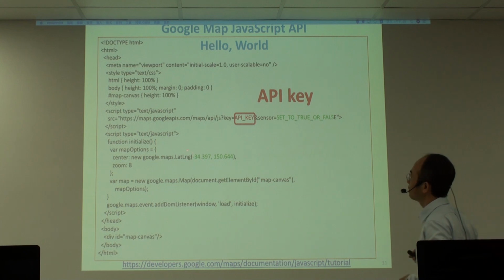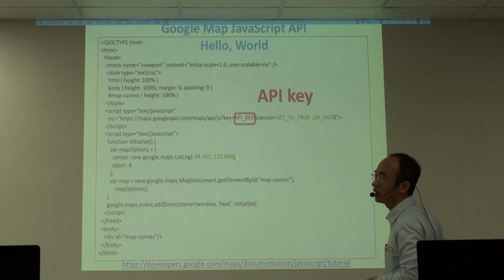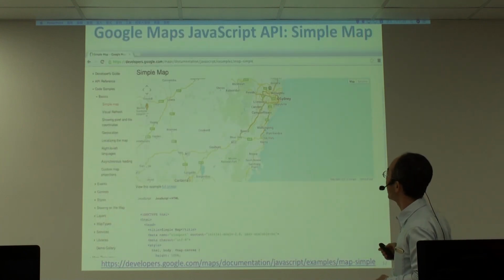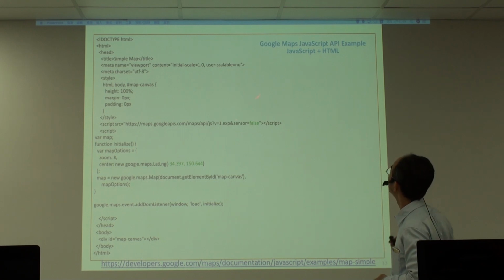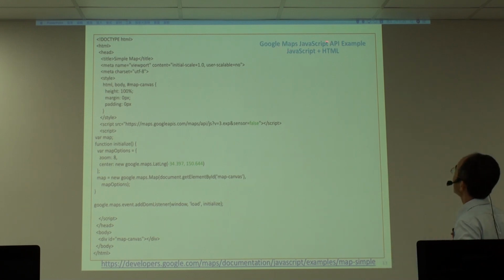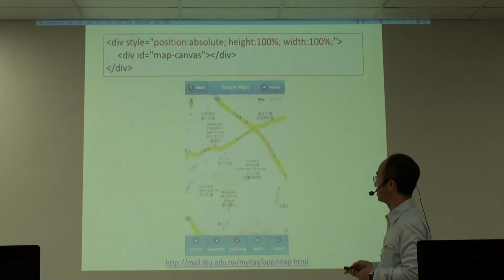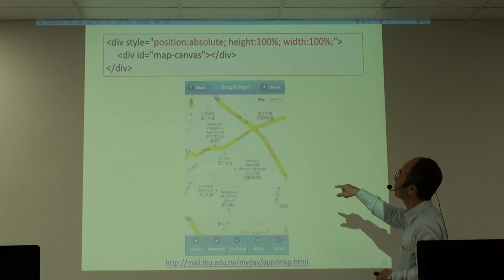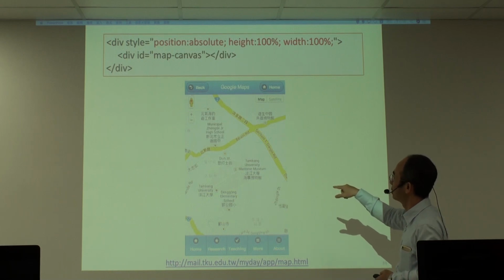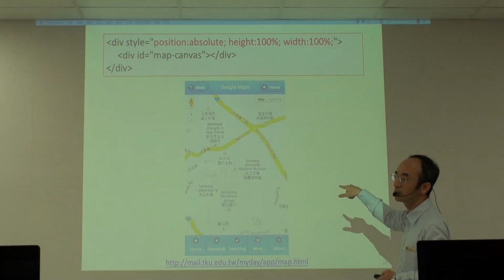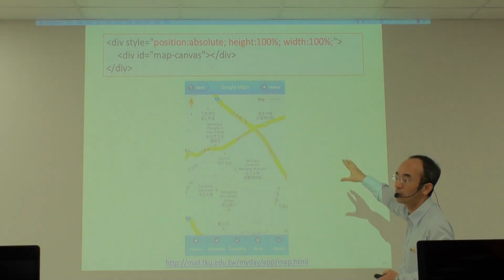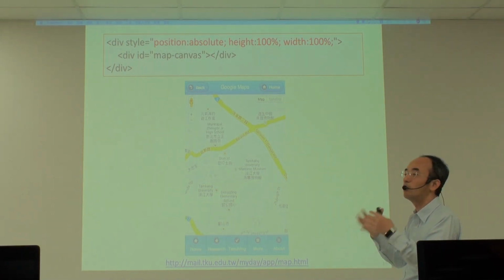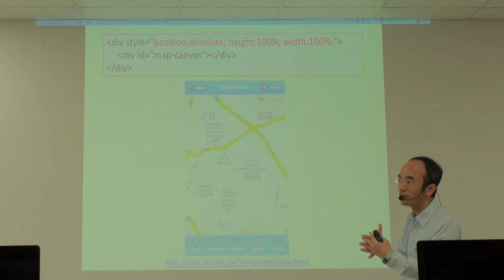For example, I use this latitude and longitude, and I can access the Google Maps JavaScript API examples with JavaScript plus HTML. So here you can directly locate it to the TKU campus and integrate it into your homework assignment number 5, right?